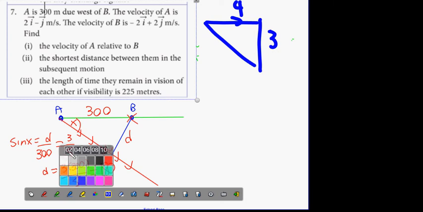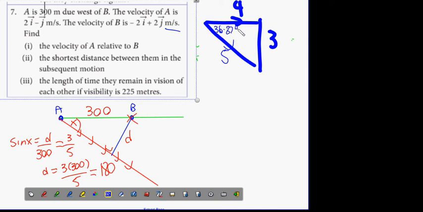Is everybody happy with being 4 across, 3 down? So we did Pythagoras' theorem. We found out that was 5. So every second, says meters per second here, it's going 5 meters at a direction of east 36.87 degrees south, or angle X.